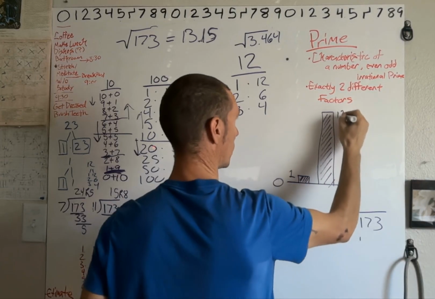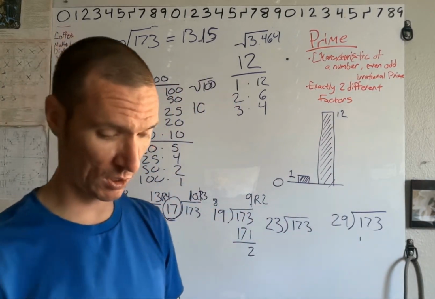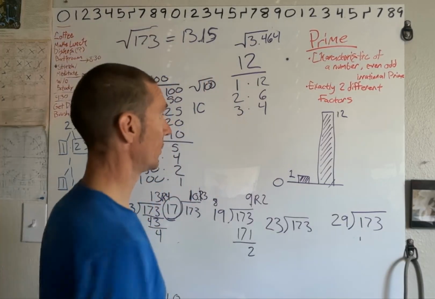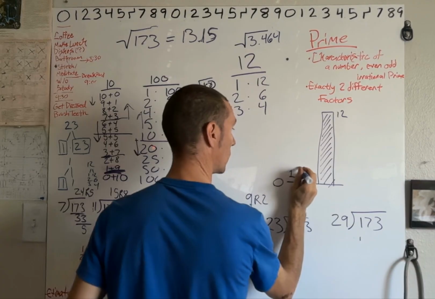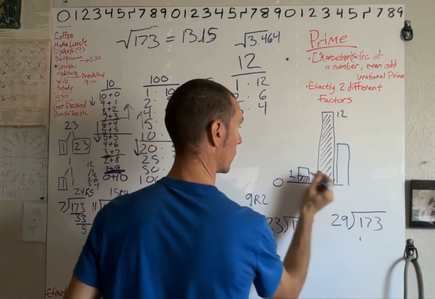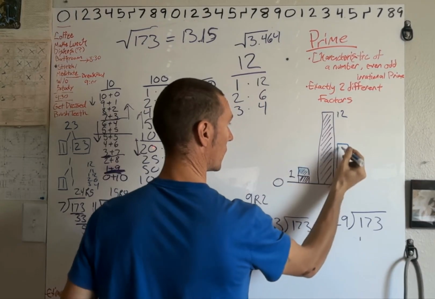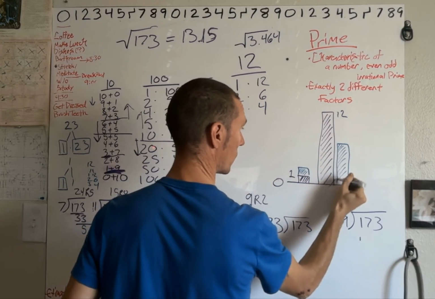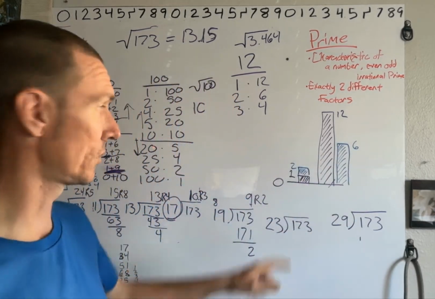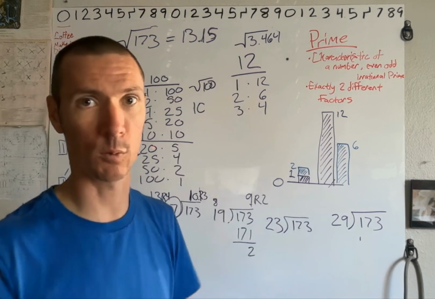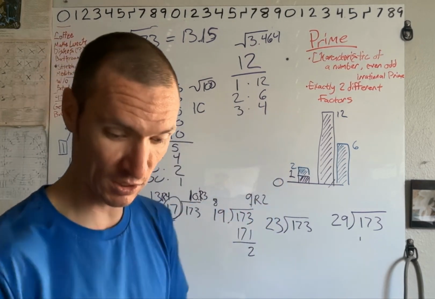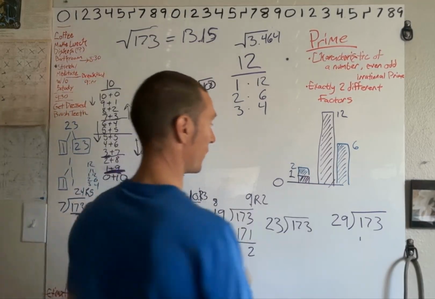Then you've got 2, and this goes up to 2, this goes down to 6. So at 1 and 12, then you've got 2 and 6, and then you're going to have 3 and 4.